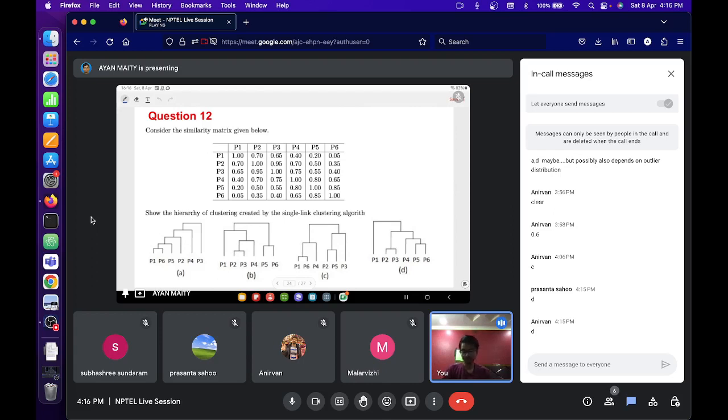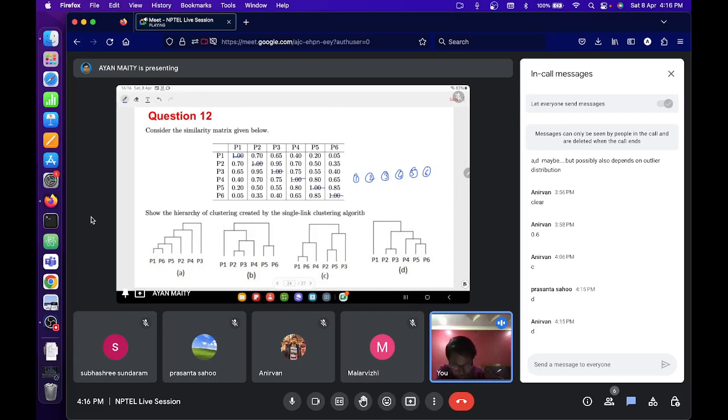Okay, so this is a similarity matrix, so you have to find the highest similarity to merge two clusters. Initially all 6 points form different clusters: 1, 2, 3, 4, 5, 6, so there will be 6 clusters at first. Then from the matrix we have to find the highest similarity value, except the diagonal points, which we cannot consider.